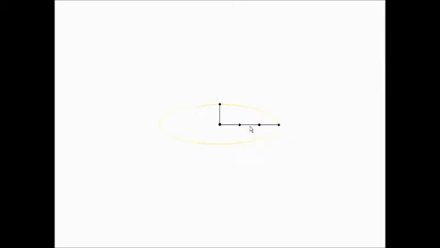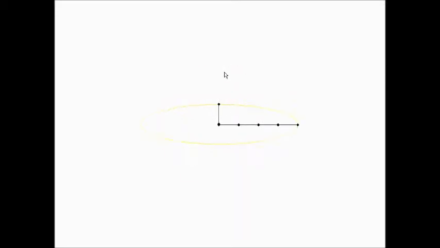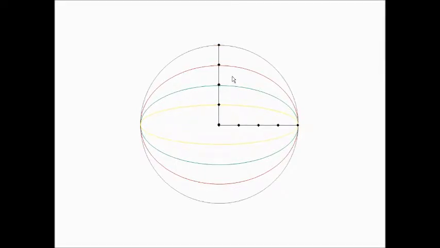And the same thing happens with 3. When n equals 3, we can have this ellipse, this one, and then we go to the circular. And when n equals 4, again, this case, second ellipse, third one, and then we have the circular.